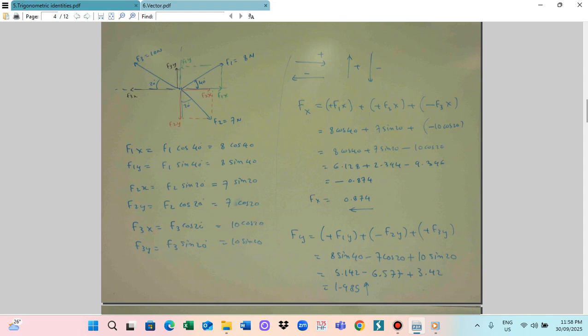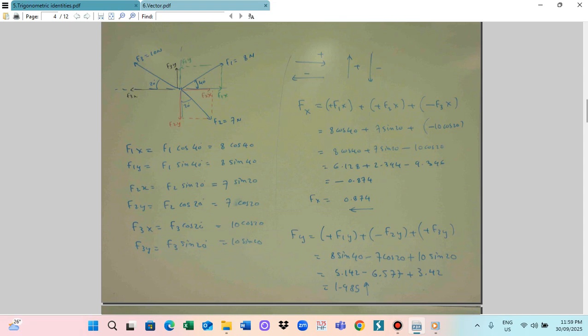This F2 is to be divided into horizontal and vertical components. I use red color for these. So the horizontal component is F2x and the vertical component is F2y.